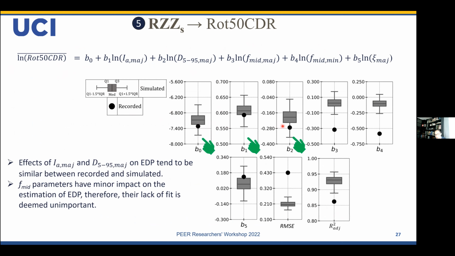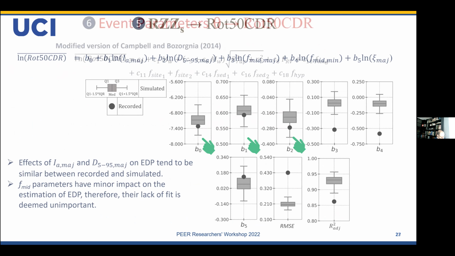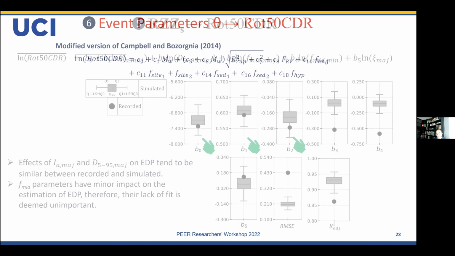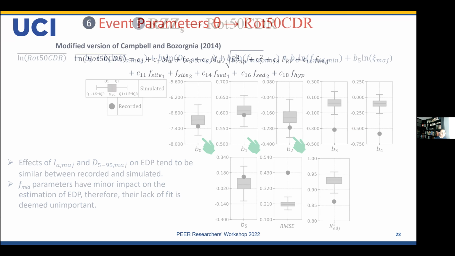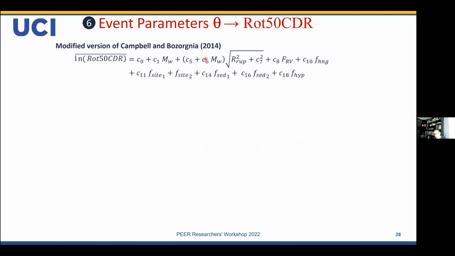The recorded falls somewhere okay. And we are off, I'm sorry, went way too fast. We are off in B3 and B4, but we did further analysis and realized that although F mid is important, the importance is not as large as these three, as B1 and B2, that is Arias intensity and duration.